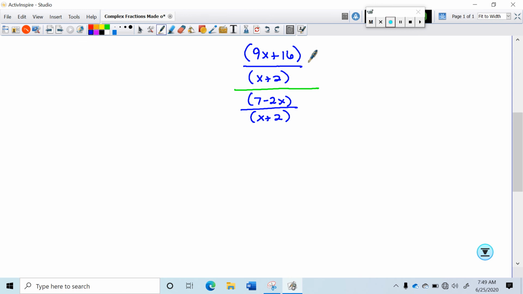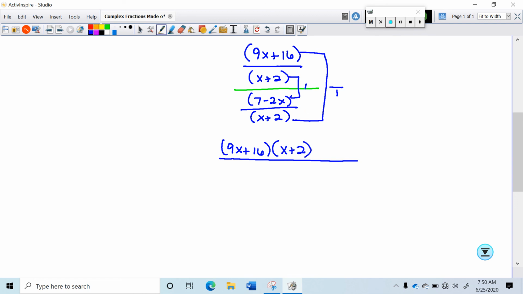Okay, so outside on the top, 9x plus 16 and x plus 2. Inside on the bottom, x plus 2, 7 minus 2x.